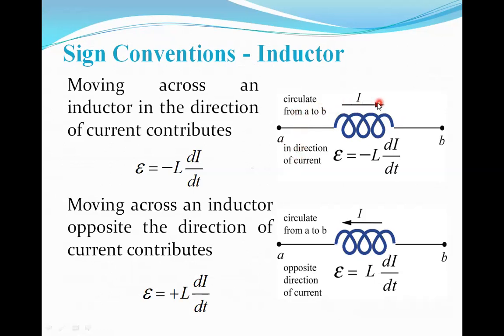The direction is from A to B. Then the EMF across this particular inductance should be equal to minus L di by dt. Now moving across an inductor opposite to the direction of the current, this is EMF produced in the opposite direction to the current, then the EMF should be given as plus L di by dt. So these are the sign conventions for when we have to take a minus and when we have to take a plus.